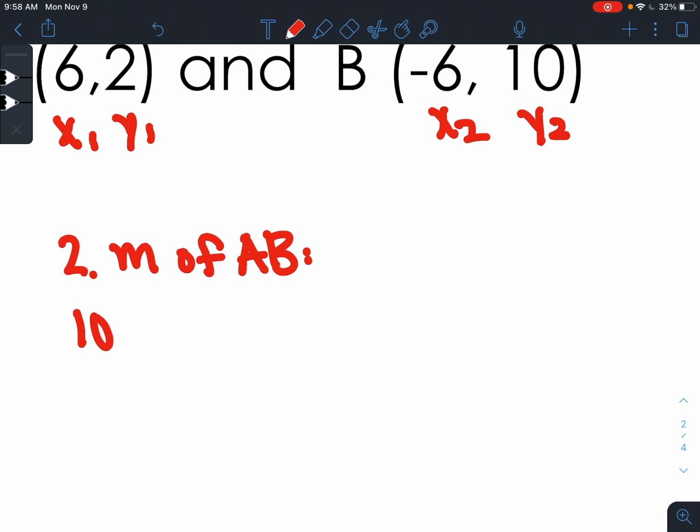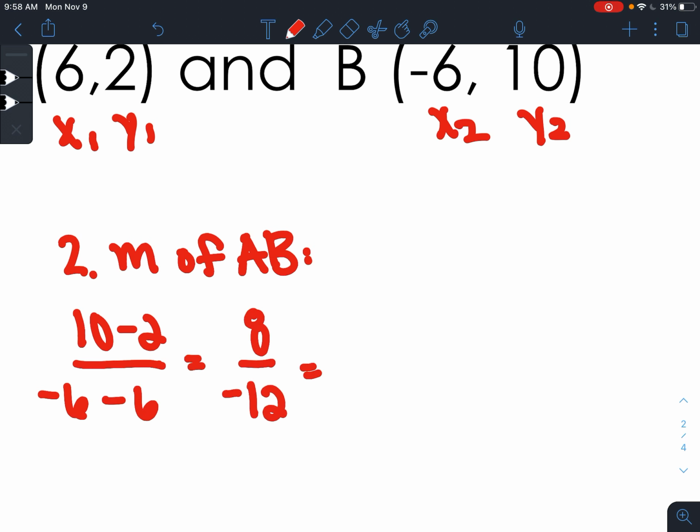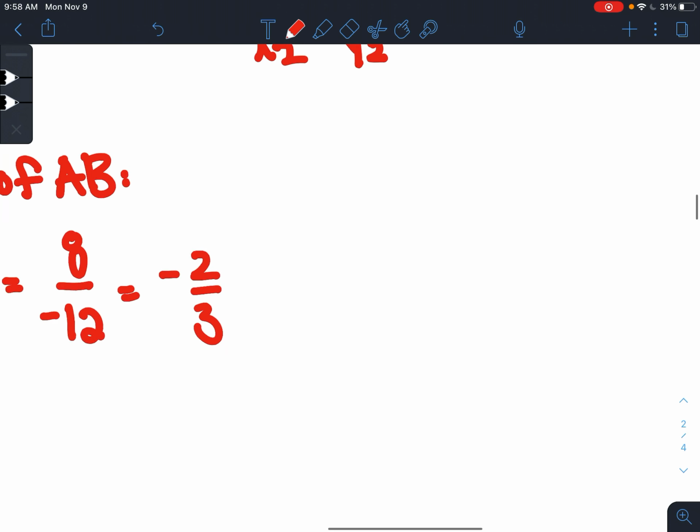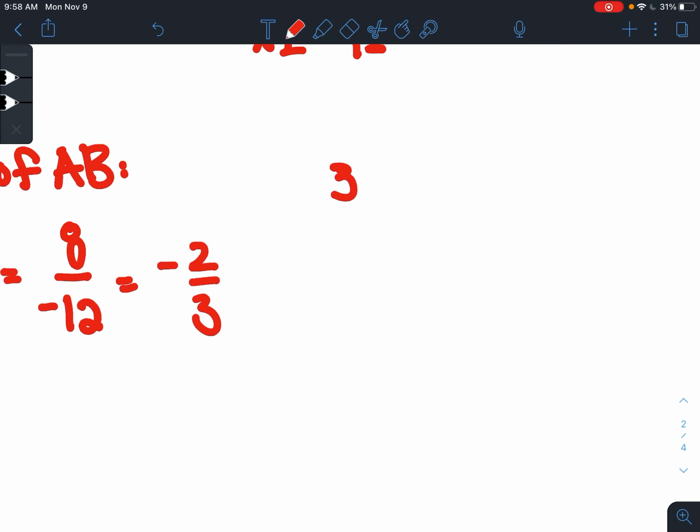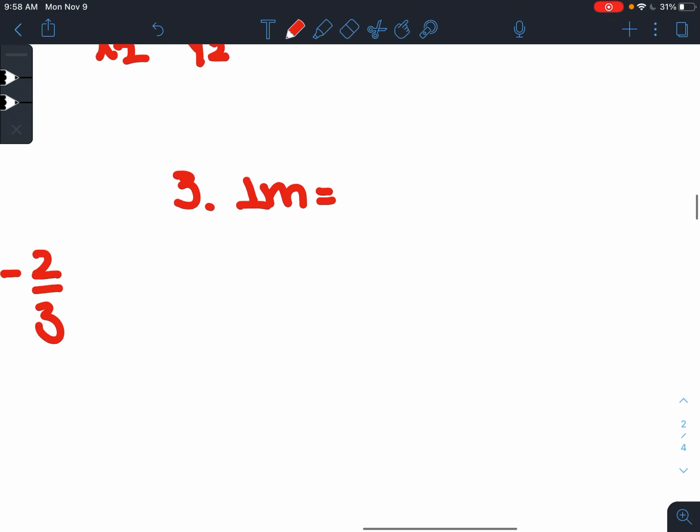So I'm going to have 10 minus 2 all over -6 minus 6, which gives me 8 over -12, which gives me -2/3 as my slope. Now, the third step is I actually want my perpendicular slope. And so that's going to be my opposite reciprocal, which means that my slope is 3/2.